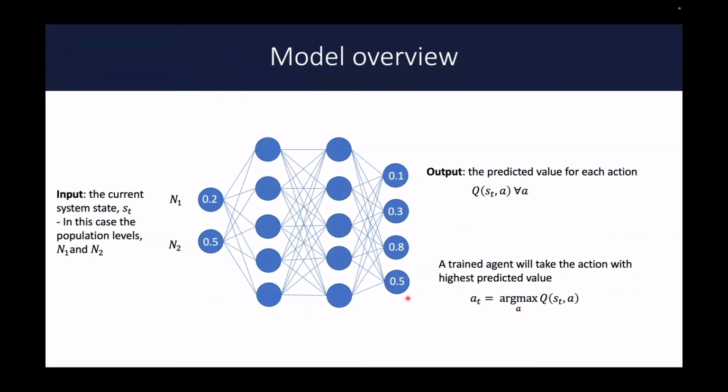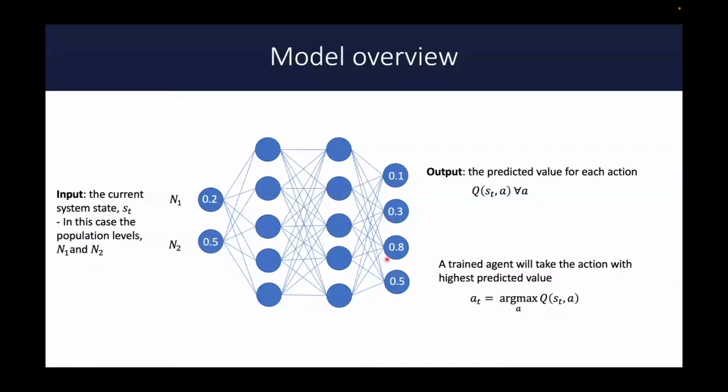So what this tells you is, I've measured the state of my environment and I'm in this state. These are my population levels. Then the output, the Q function, will tell you these are the predicted values of each of these actions. From these example values, this one here would be the best action to take.